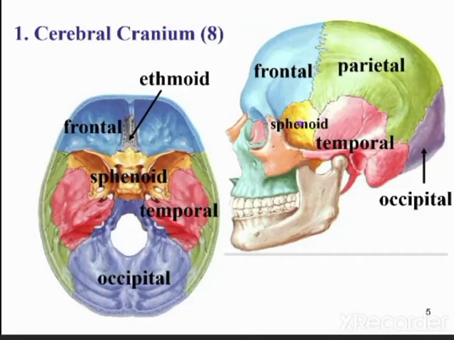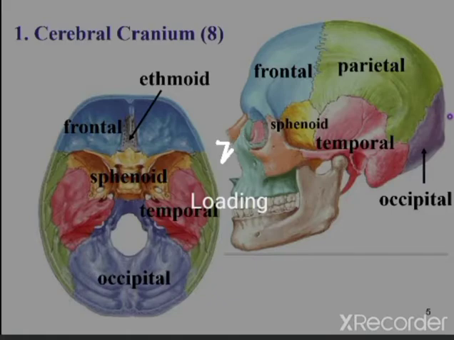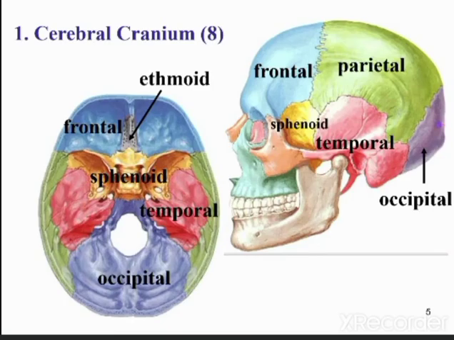And then when you go to sleep, maybe next to your pillow, this bone called occipital bones. And then in front of the cranial fossa is ethmoid bone.